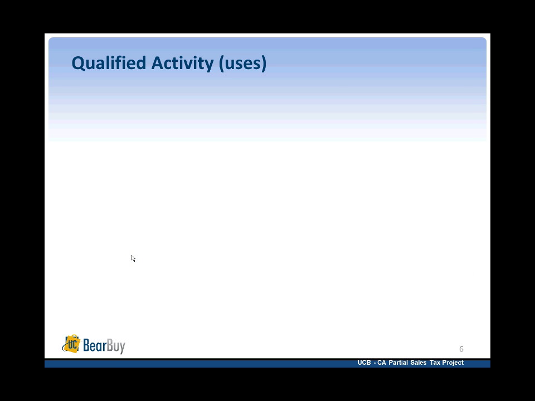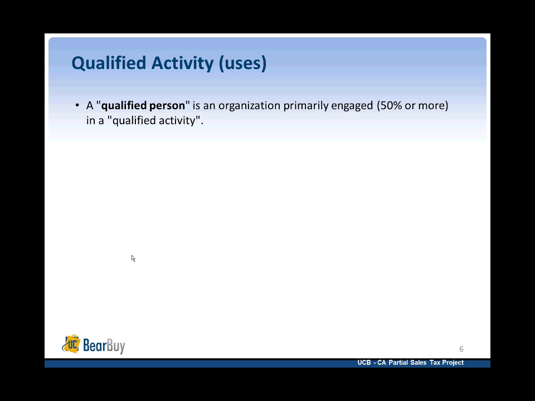So let's go over qualified activity. Again, I mentioned a qualified person is the organization primarily engaged, either 50% or more, in a qualified activity. So this means that UC Berkeley is the qualified person according to the State Board of Equalization.